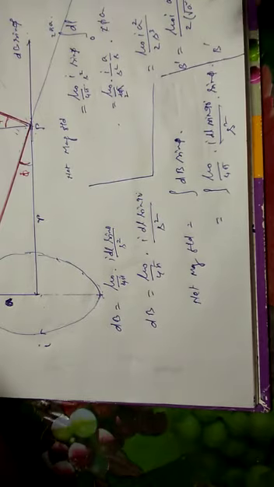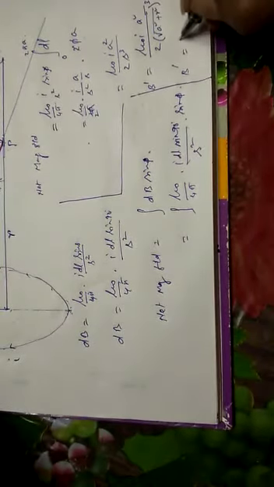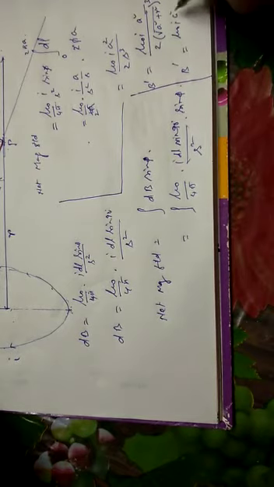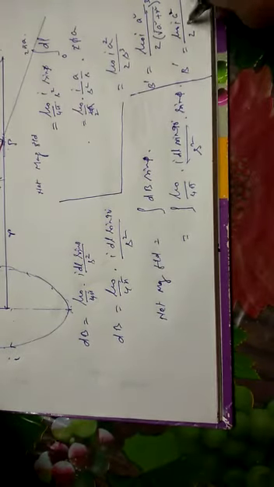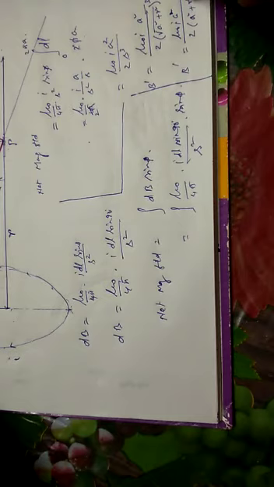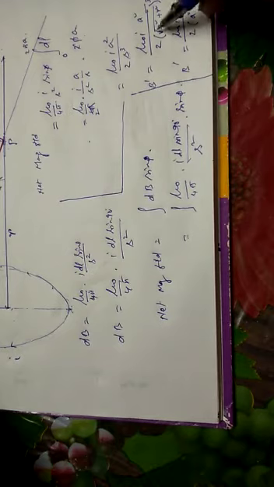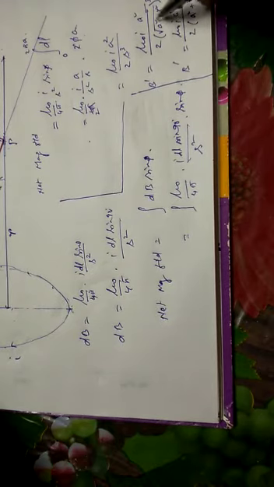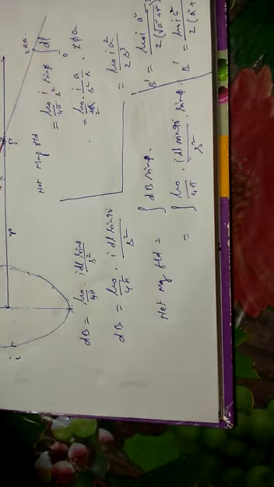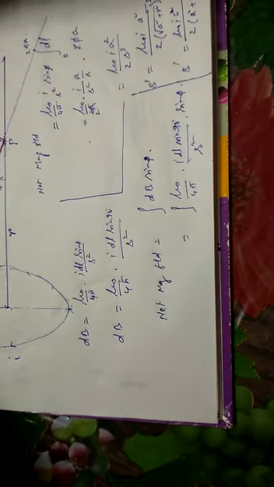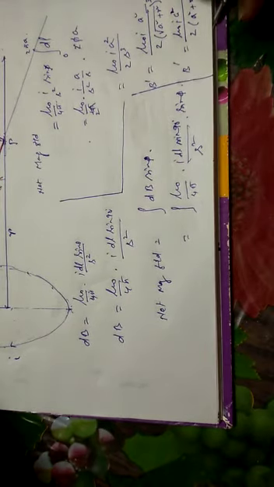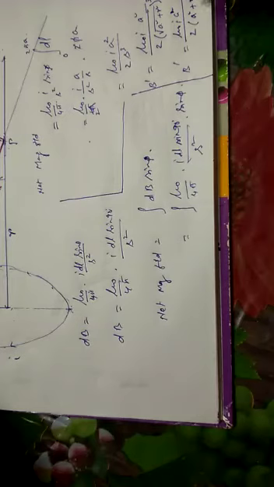So your net magnetic field becomes mu naught I a square divided by 2 into a square plus r square to the power 3 by 2. So a square plus r square root means a square plus r square to the power half, and when half is multiplied with 3, it is going to be 3 by 2. So your net magnetic field is mu naught I a square divided by 2 into r square plus a square to the power 3 by 2.